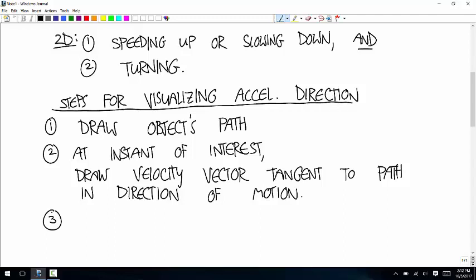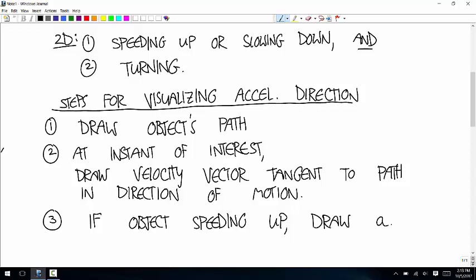Third, if the object is speeding up, draw the parallel part of the acceleration. I'm going to call it A parallel.